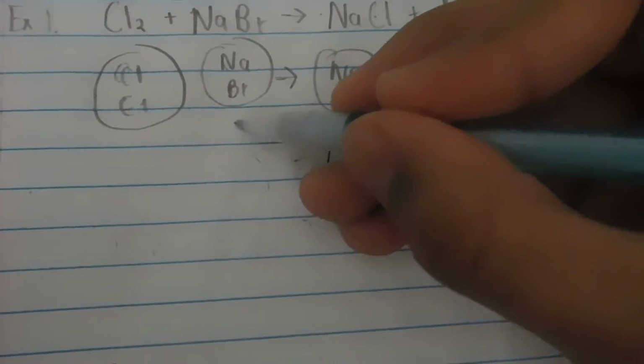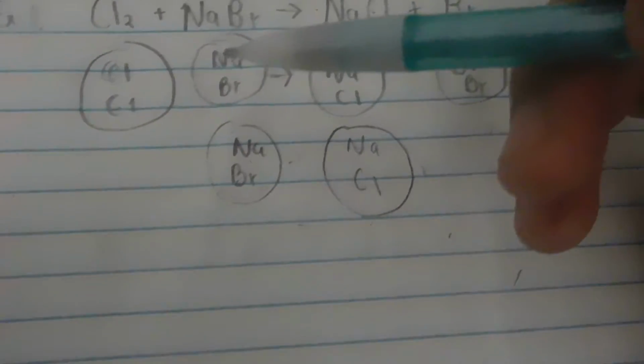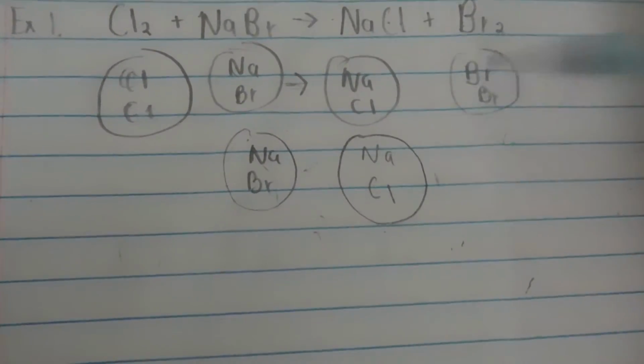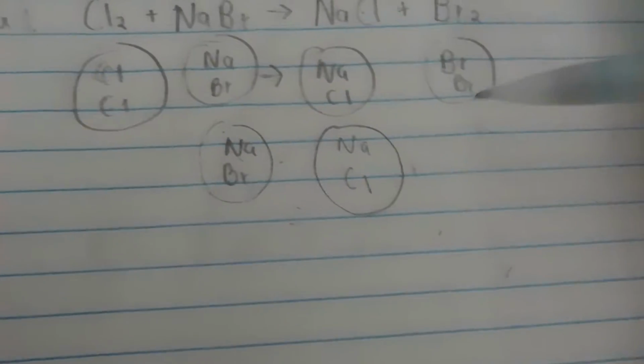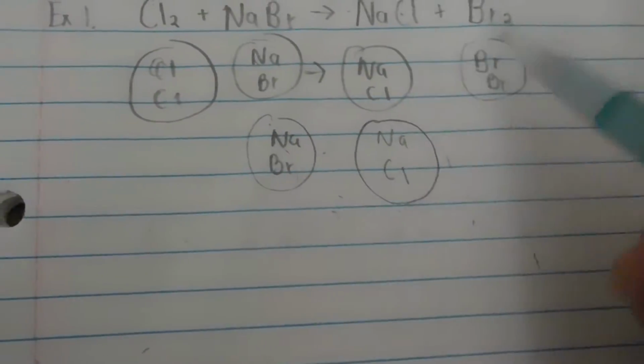So we want to add another bubble on the Na, the reactant side. So Na, Br. We have 2 bubbles, 2 bubbles. Now let's check. 2 Cl's, 2 Cl's, 2 Na, 2 Na, 2 Br, 2 Br. So basically we have balanced this.